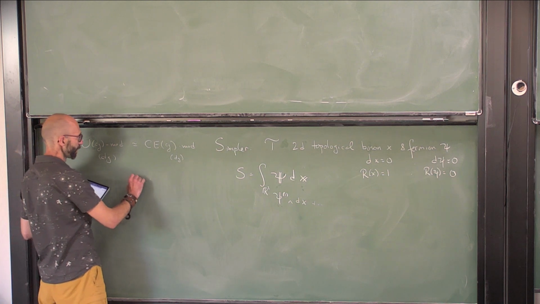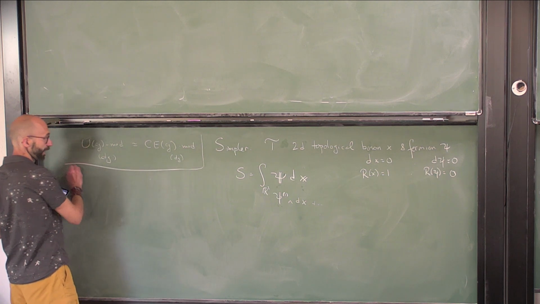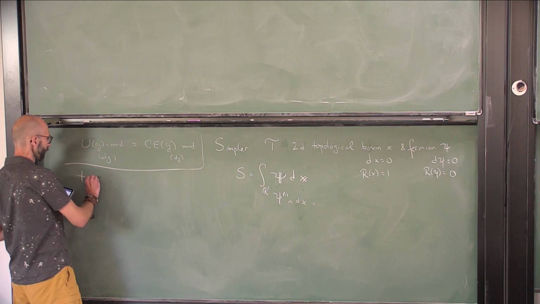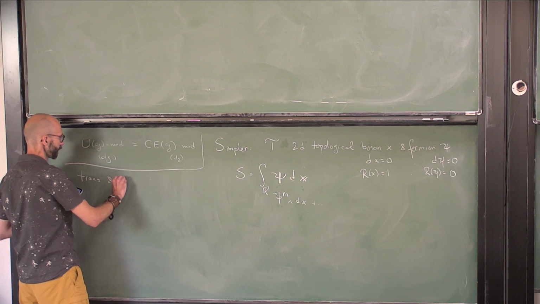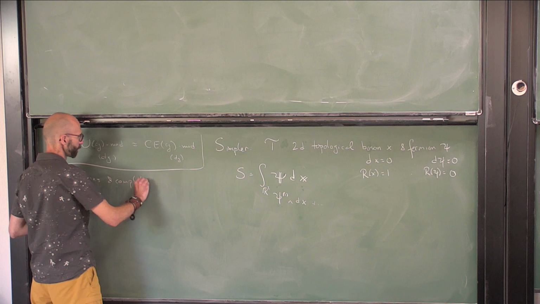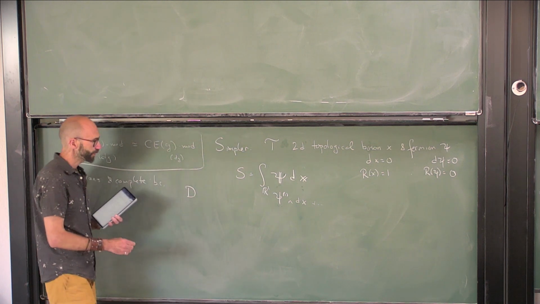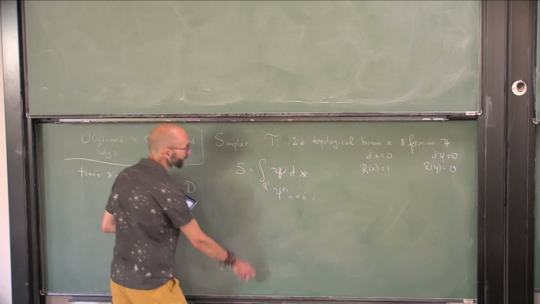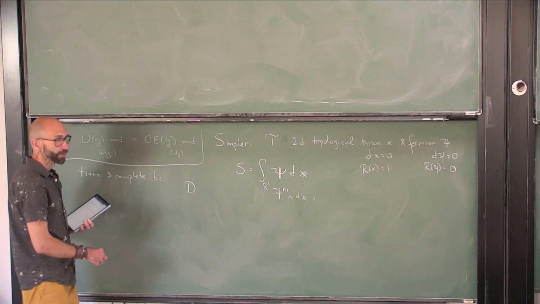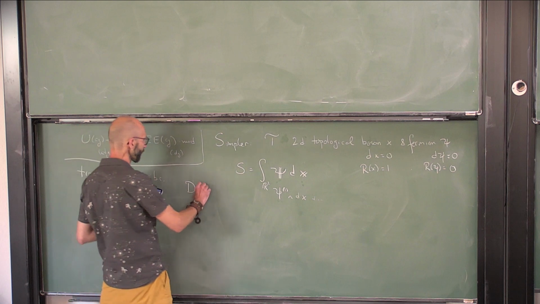This has transverse boundary conditions, which I like to call Dirichlet and Neumann, but that's from the perspective of the boson. From the perspective of the fermion, they're the opposite.